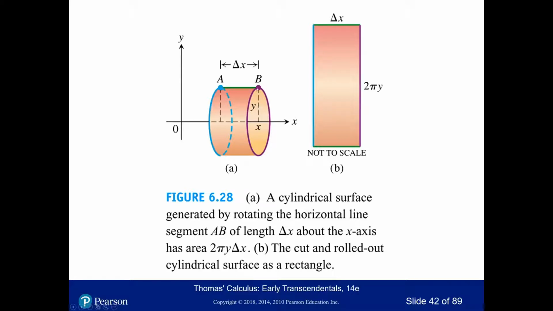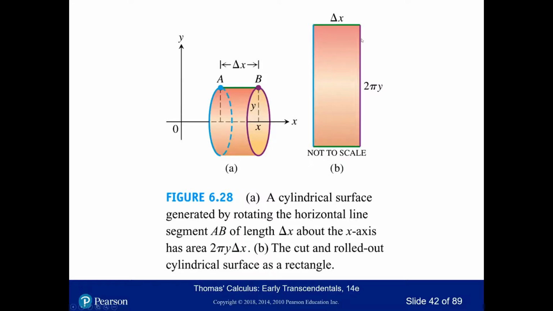Now let's say if we want to find the circumference. So we want to find the circumference of this purple circle right here, which is going to be the radius, which is y, multiplied by 2 pi.